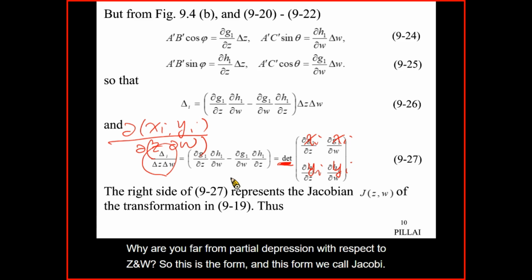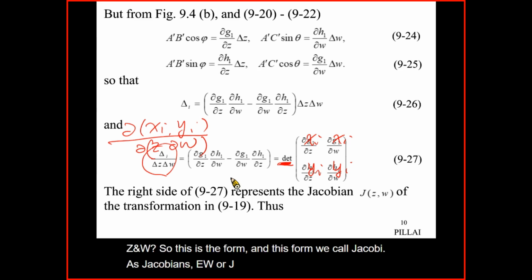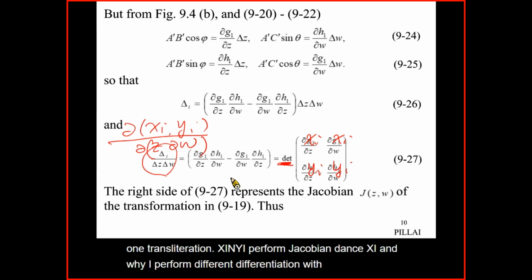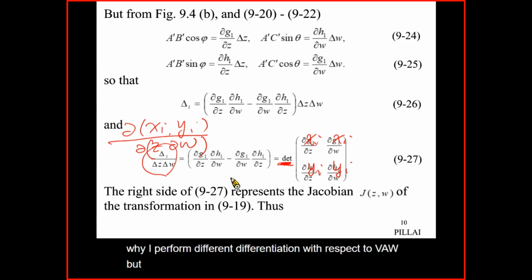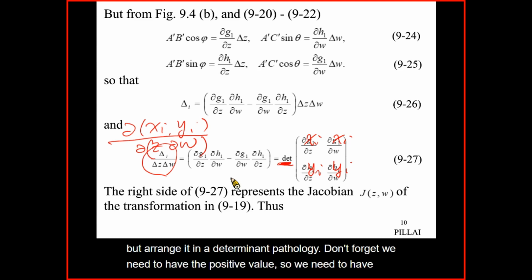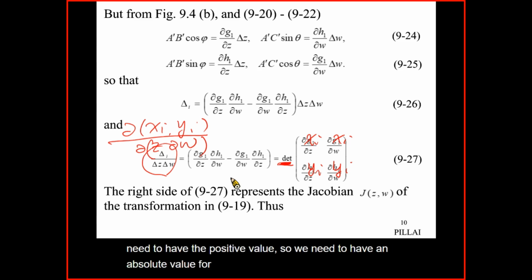Also Jacobian zw or Jacobian xi, don't memorize that one. Just use a ratio. Xi and yi perform differentiation with respect to z and w, but arrange it in a determinant. But finally, don't forget we need the positive value, so we need the absolute value of the determinant of this one. So finally, we should have the absolute value.